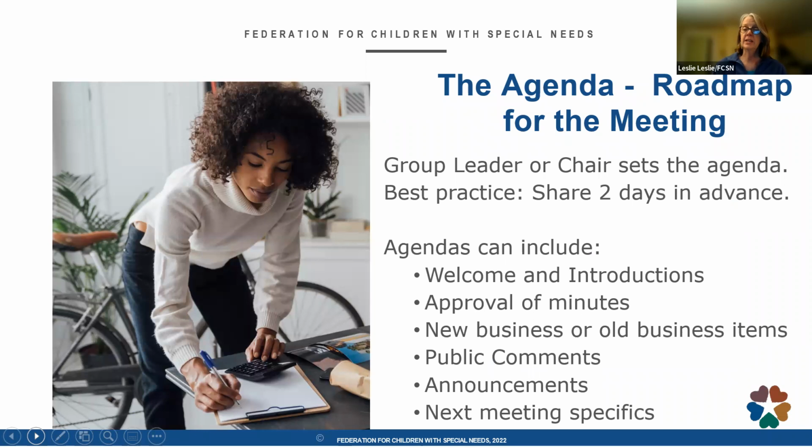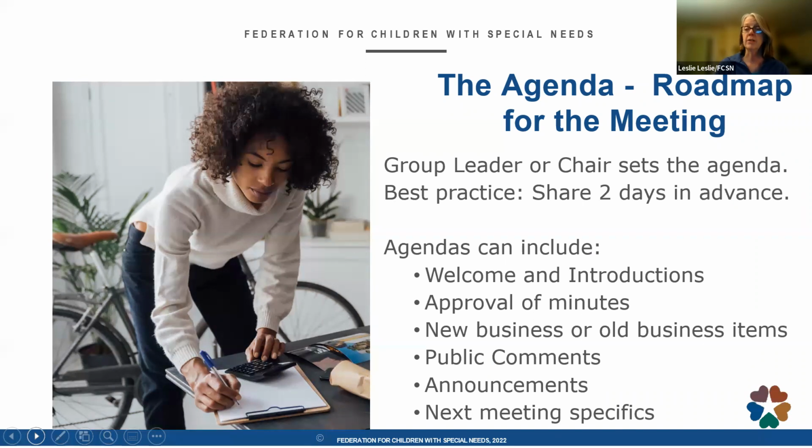So we talked about the agenda being the roadmap for your meeting. The group leader or the chair usually sets the agenda, takes in input in terms of action items that people would want to have on the agenda, and crafts the agenda. We always thought that best practice is to share it at least 2 days in advance, so people were aware of what was going to happen at a meeting.